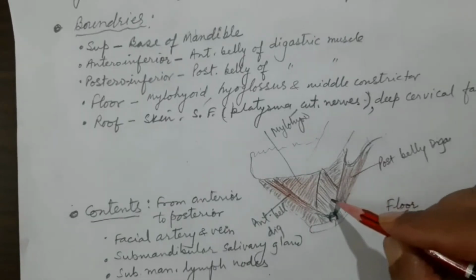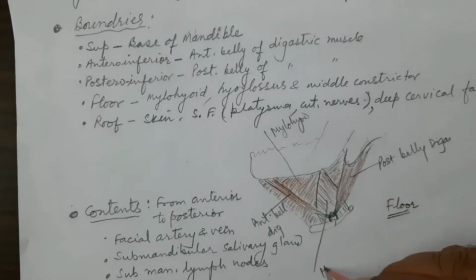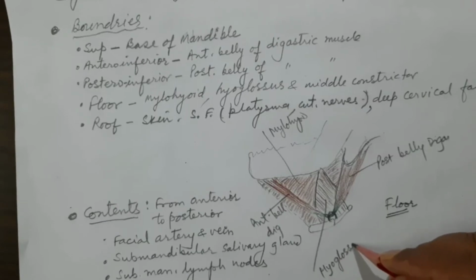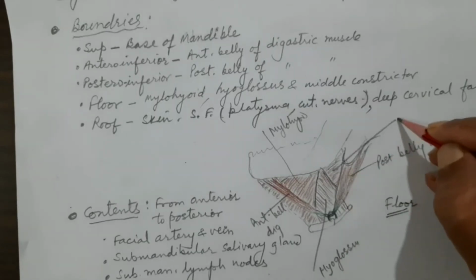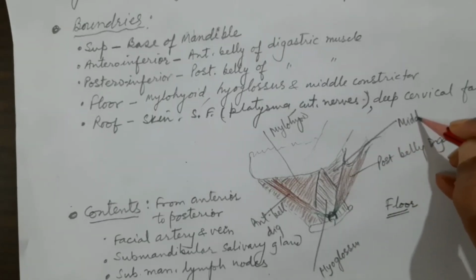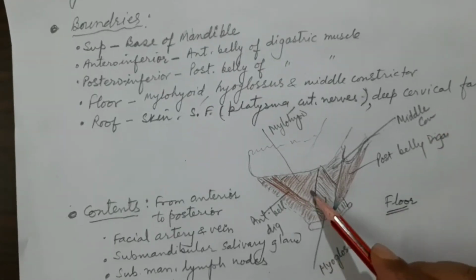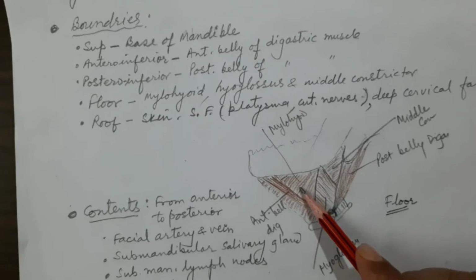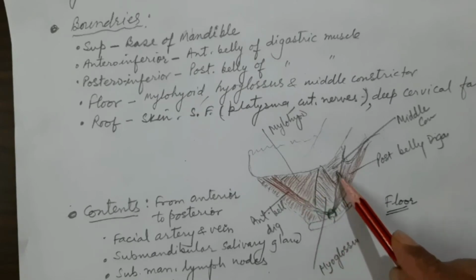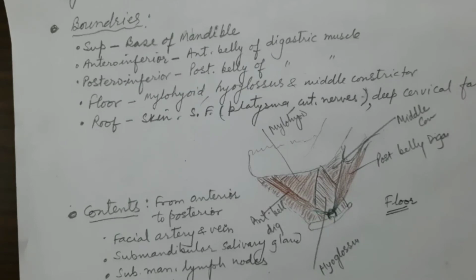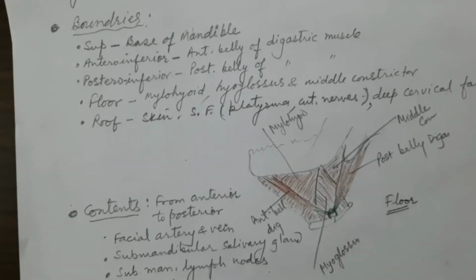Then this muscle is the hyoglossus, and here it is the middle constrictor, more posteriorly. So three muscles form the floor: anteriorly mylohyoid, then hyoglossus, and a small part of the middle constrictor muscle of the pharynx. That means the pharynx has come here.